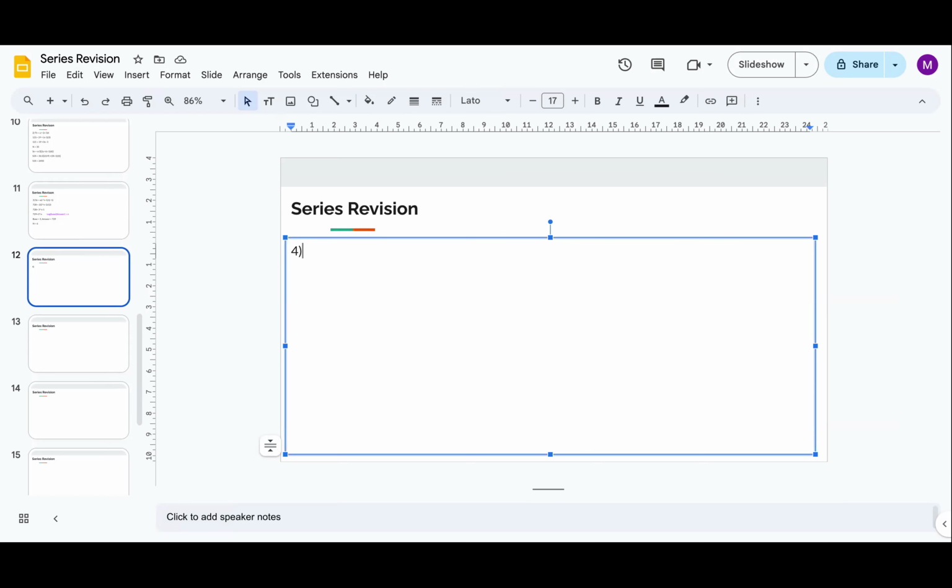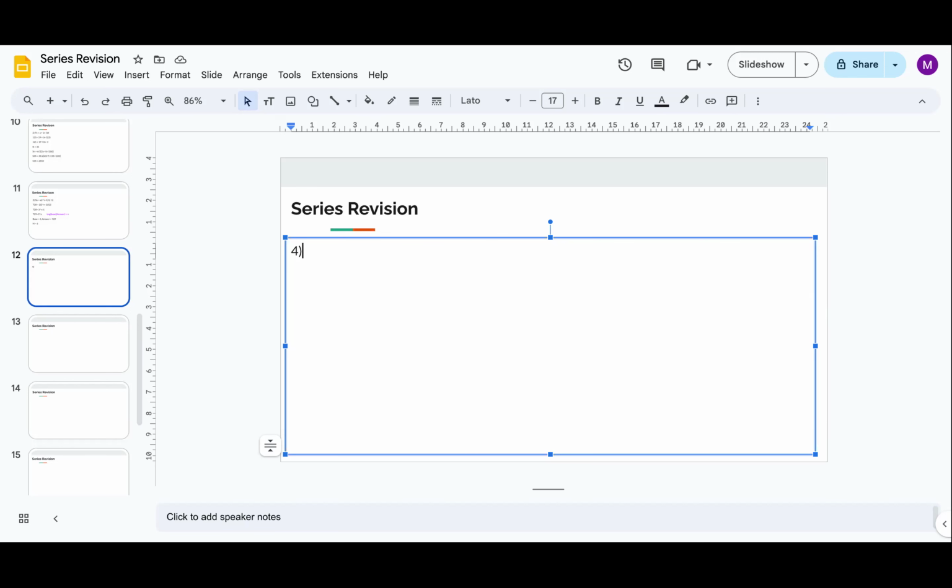The reason is that it's the only way we'll be able to determine what kind of series I'm working with. Is it a geometric series or an arithmetic series? So write out the first three terms and then we can gauge what kind of series we're working with. What is our A value? What is our R value if we're working with a geometric series? What is our D value if we're working with an arithmetic series? So let's write out the first few terms.